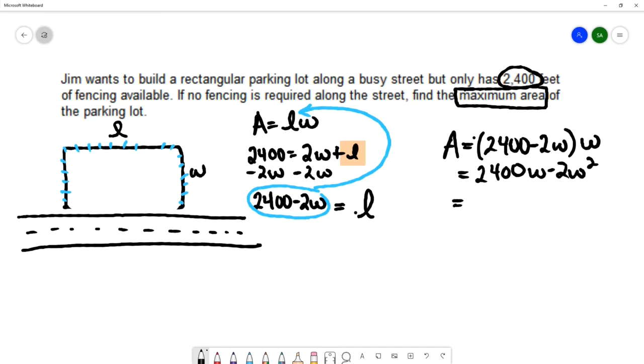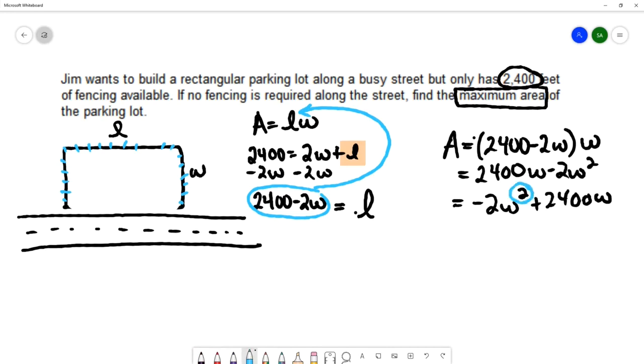Now this is really, really great because now if I rewrite this, I have a quadratic: negative 2W squared plus 2,400W. And I had a quadratic even before I rewrote it.